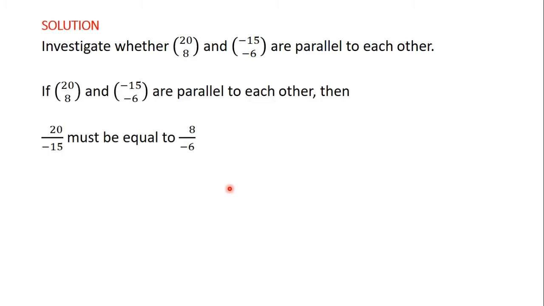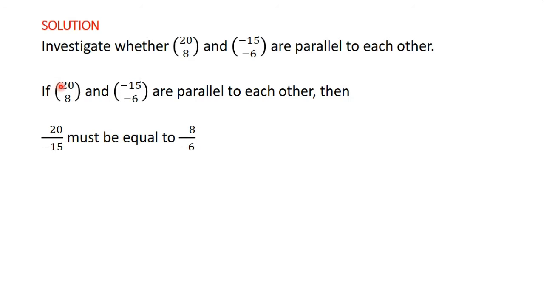As we said, if (20, 8) and (-15, -6) are parallel to each other, then 20 divided by negative 15 must be equal to 8 divided by negative 6. If they are parallel, then these two fractions must be the same.